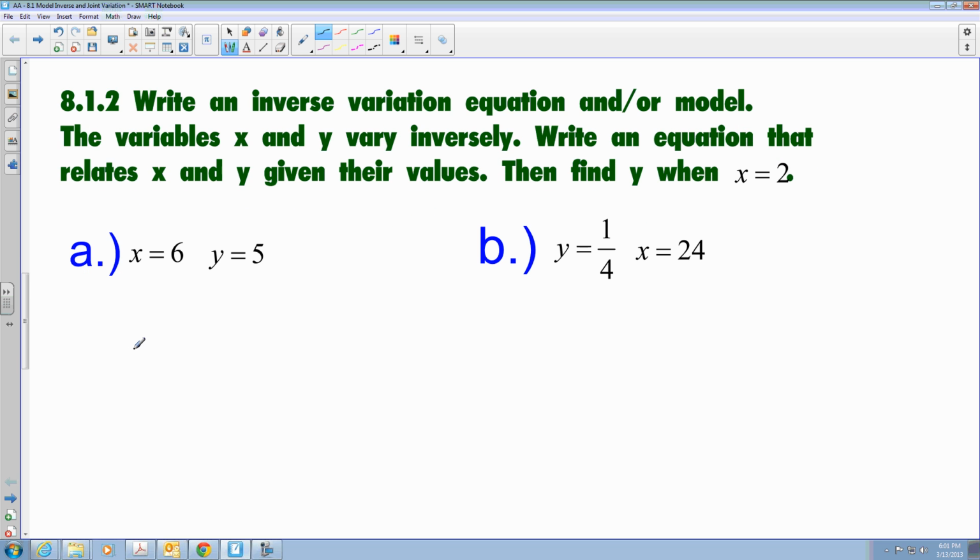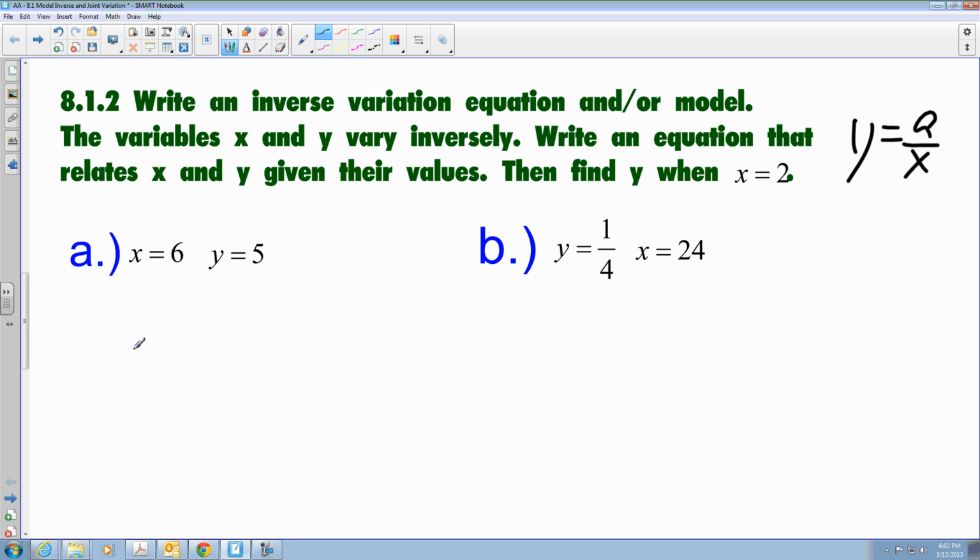Here I have directions that say to write an inverse variation equation or model. It says the variables x and y vary inversely, so that means it's going to look like y equals a over x. It says write an equation that relates x and y given their values, then find y when x equals 2.